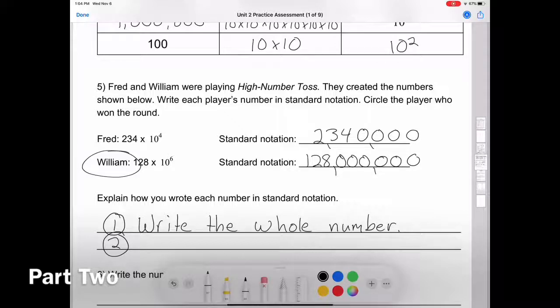So the exponent tells you what? How many zeros you add? There you go. Many zeros to add, period.